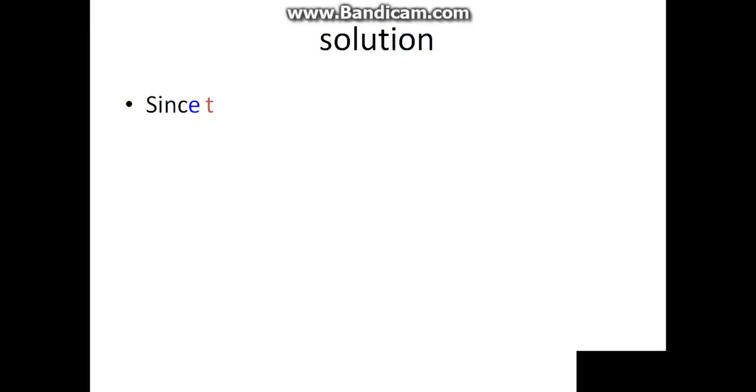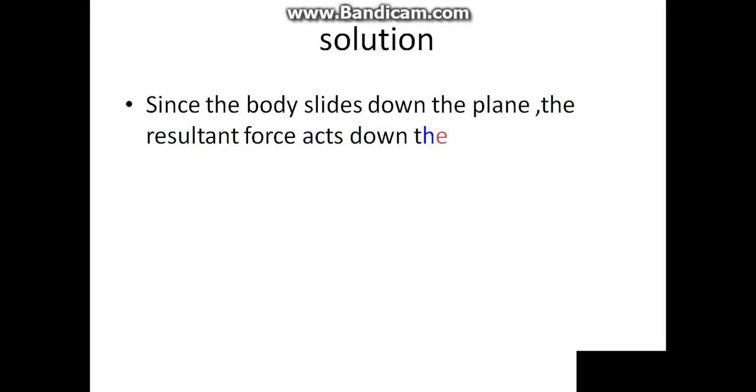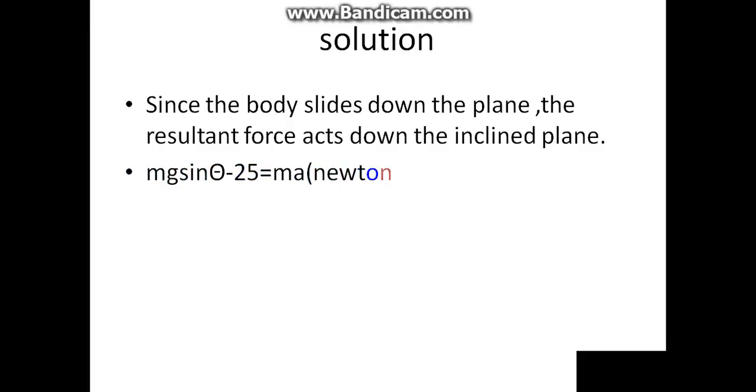Solution: since the body slides down the plane, the resultant force acts down the inclined plane. Mass times acceleration due to gravity, g sin theta, minus 25 is equal to mass times acceleration, according to Newton's second law.